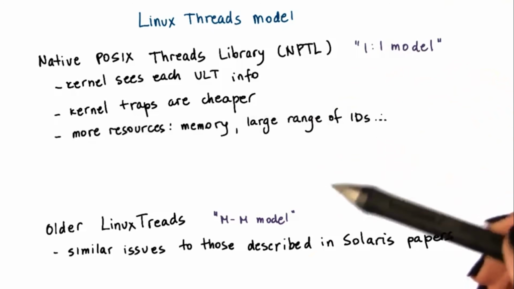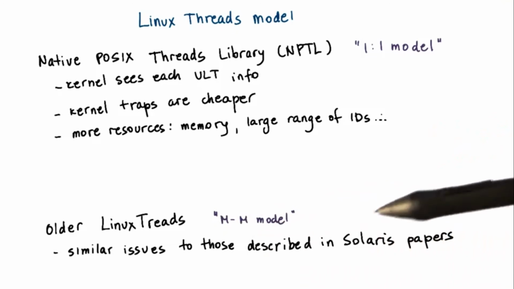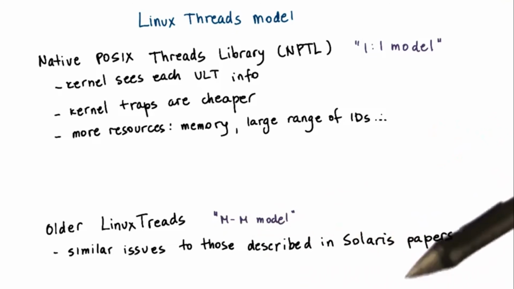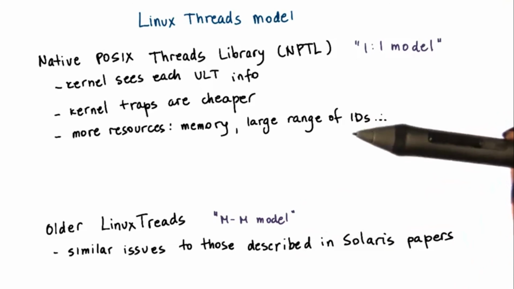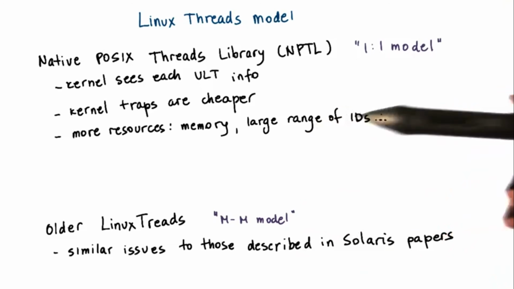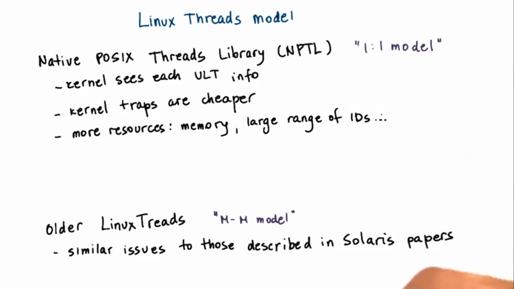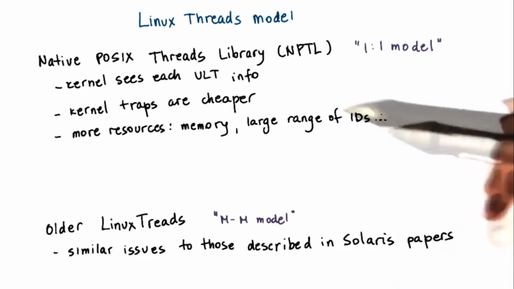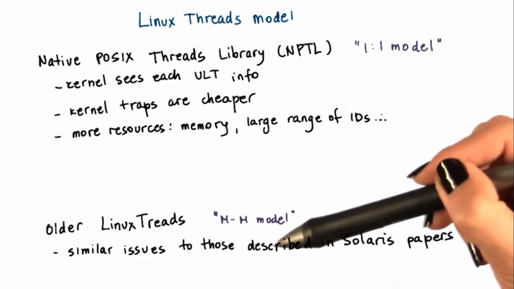Also, modern platforms have more memory, so there really isn't some constraint to keep the number of kernel-level threads as small as possible. So we can create as many kernel-level threads as the process needs. There aren't restrictions on the range of IDs that are too stressing for most of the common processes. So these sorts of things eliminate some of the main reasons for going to the many-to-many model.